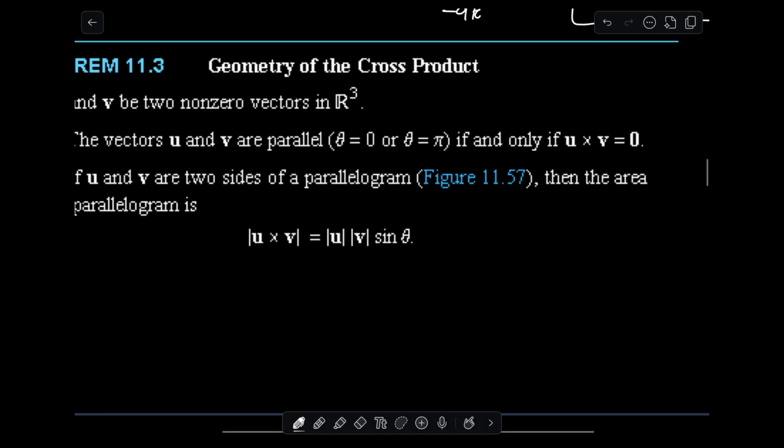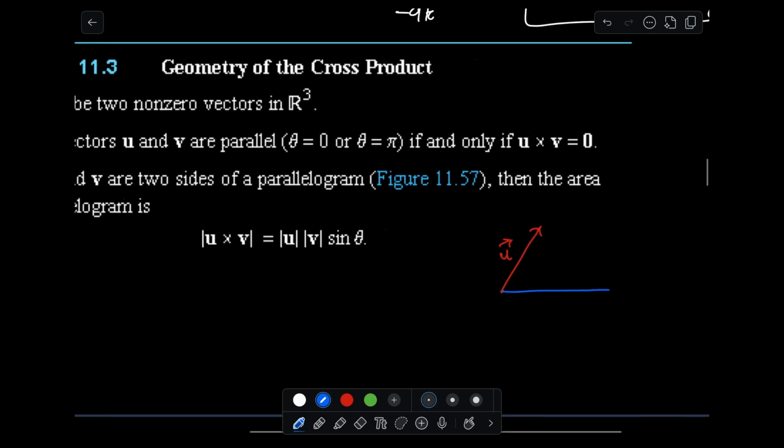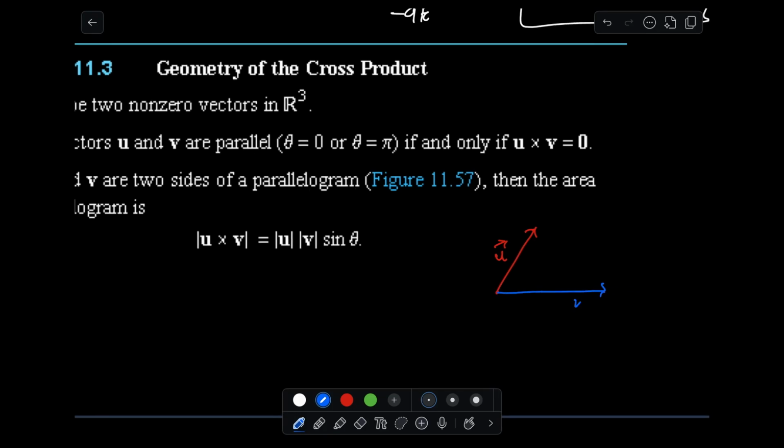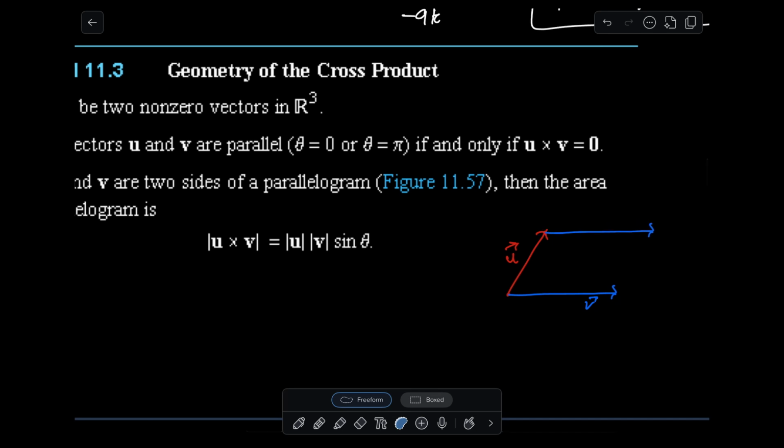Let's just say we have some arbitrary vector u in this direction, and some arbitrary vector v in this direction, right? If I were to copy, paste, and transpose it on this, we can make a parallelogram.